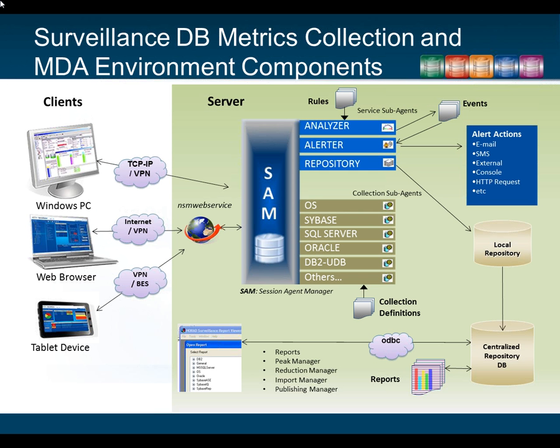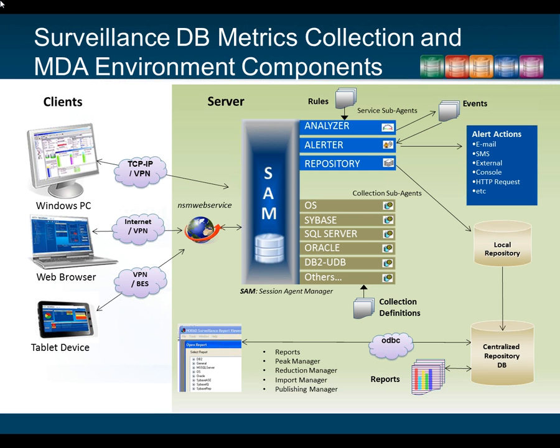Similarly to the Sybase metrics collection, Surveillance DB utilizes the MDA tables for metrics collection. But the collection process is driven by a local agent consisting of the service subagents and collection subagents that are installed on the server. Here, the collection subagents connect to the database to gain access to the metrics in the MDA tables.